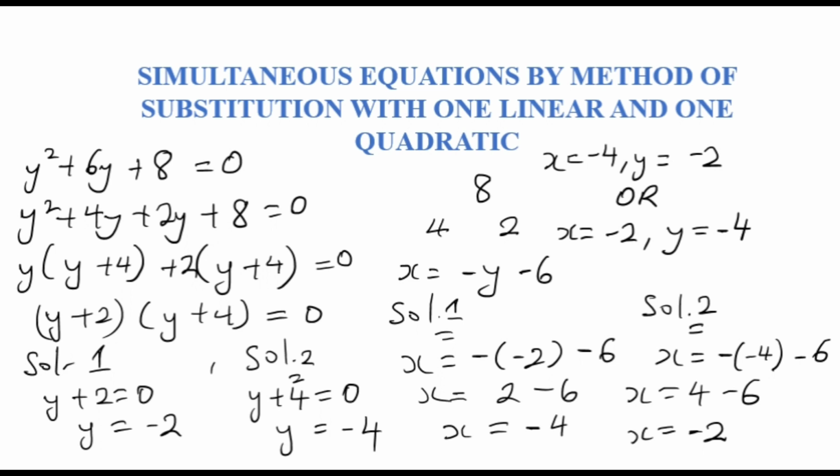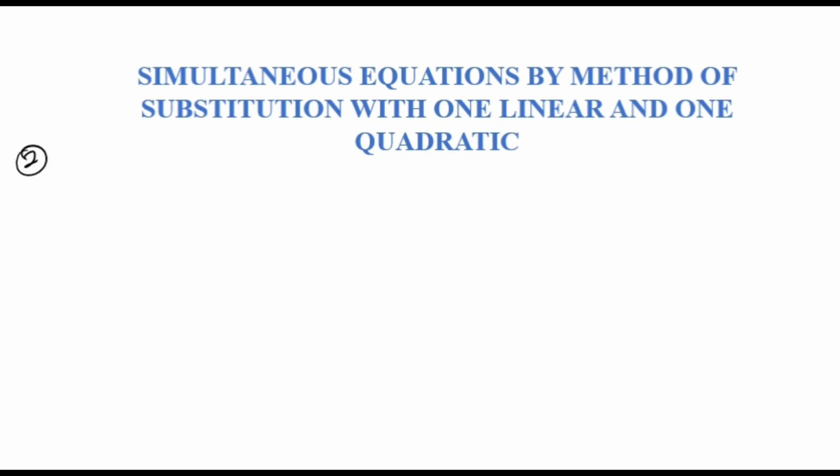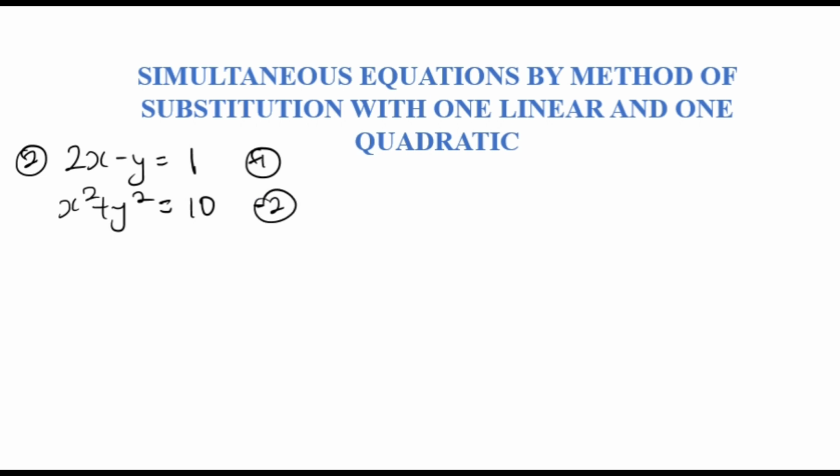Let's take another example. Example 2. 2x minus y equals 1. So this is our equation 1. x squared plus y squared equals 10. Over here, let's make y the subject of equation 1. So we have y equals 2x minus 1.